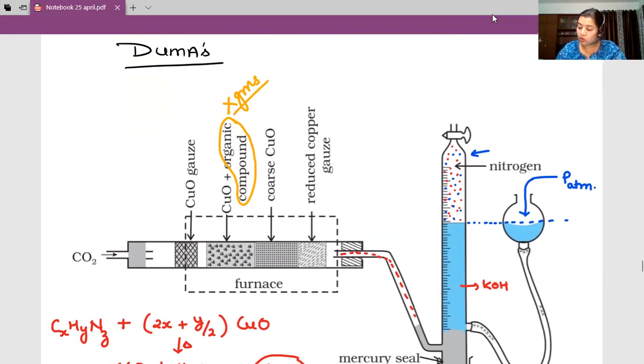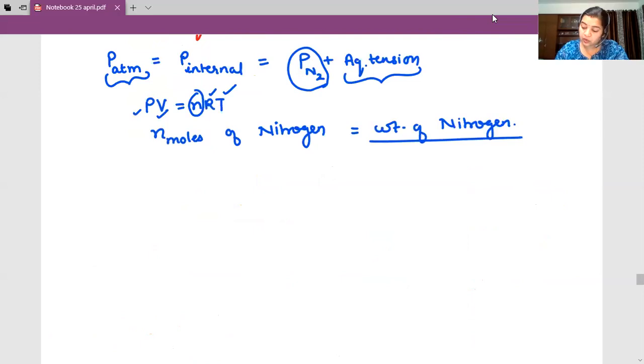Let this weight of nitrogen be W. So the percentage of nitrogen can be calculated as W upon X into 100.